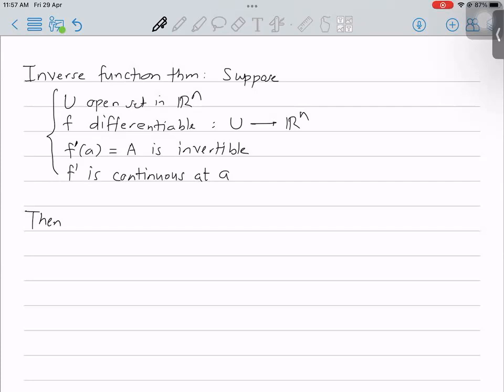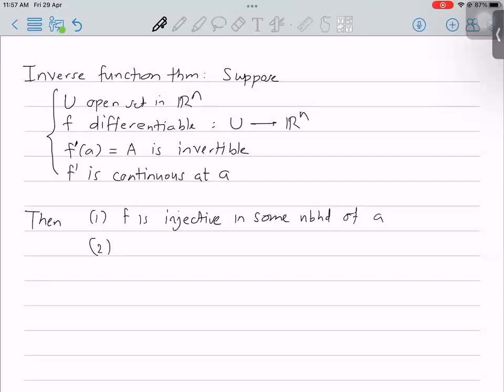So what does that mean? Let's write this down. So 1, f is injective in some neighborhood. It may not be globally injective, but locally it is going to be injective.